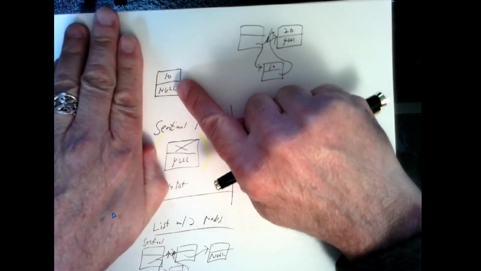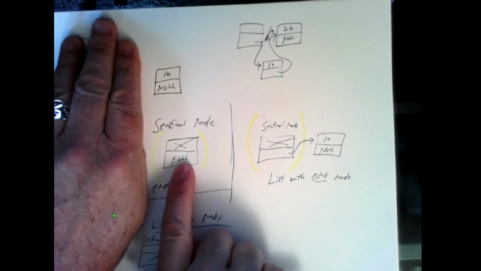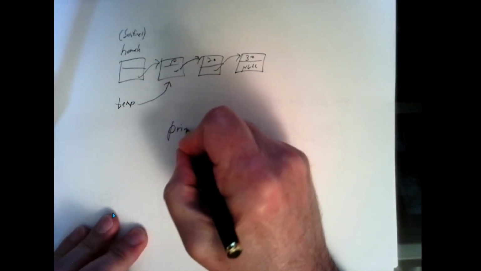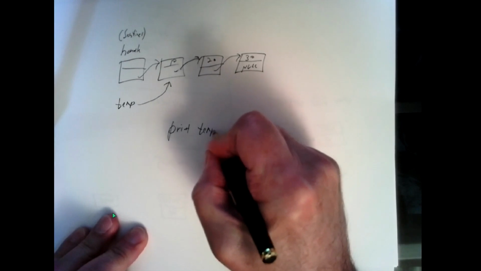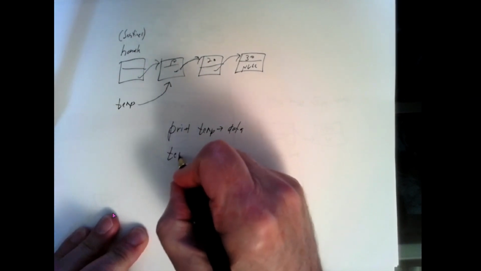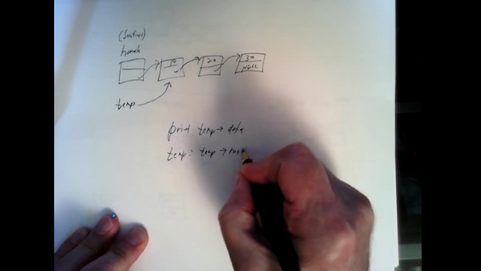Because for an empty list like this, if I say temp equals handle arrow next, temp is going to be null. But in this case, temp is going to point to this node. So what am I going to do? I'm going to print temp arrow data. That'll print out the 10, and then I want to move to the next node, so I'm going to say temp equals temp arrow next.